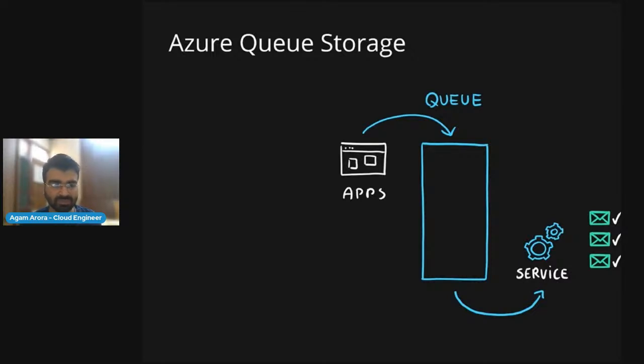If we deploy queue storage, then whatever message the application wants to send is stored in the queue for a while, and once the resources are free in that service, it will cater to the request and send that message to that service, and then it can respond. So that's where queue storage is used.